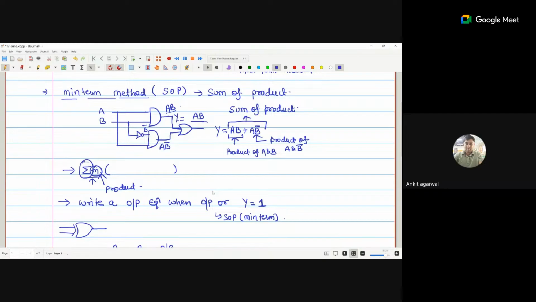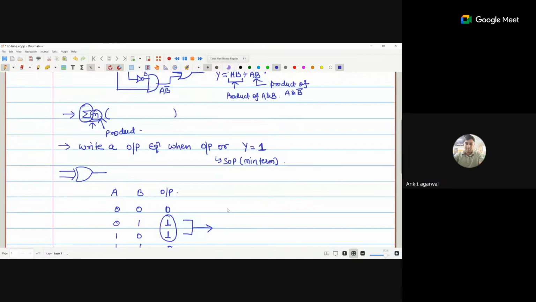So first, the min term is represented as a sum of product terms. The representation of min term is sigma small m. Third, we have to consider only those terms where the output is 1. Only those terms will be considered in the min term.